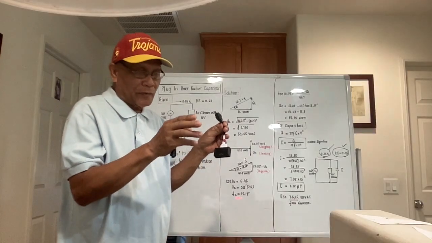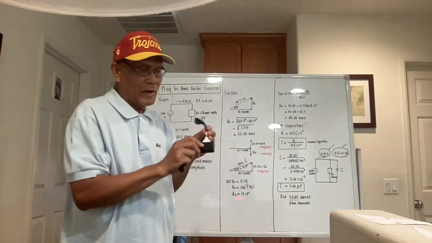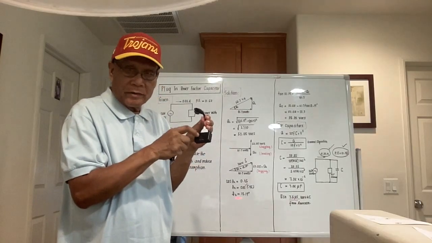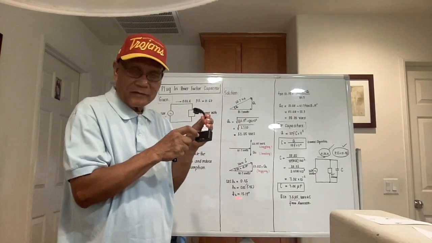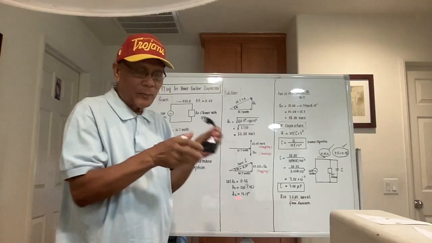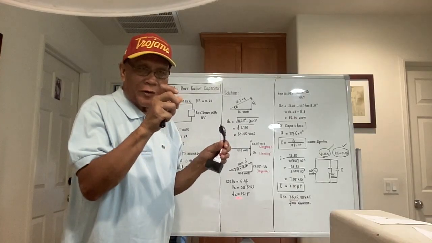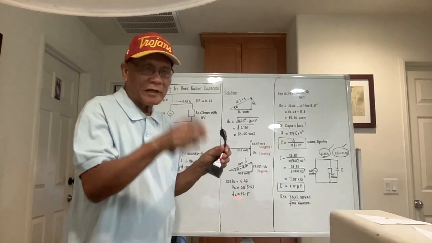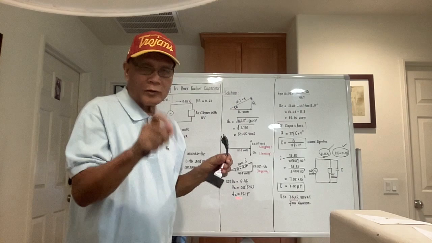So the concentration of the subject matter for this afternoon will be on how to compute for the capacitance of this one, such that if we use this one on a specific load in our home, we could decrease the current consumption of that specific load. More specifically, if that load is a motor load.